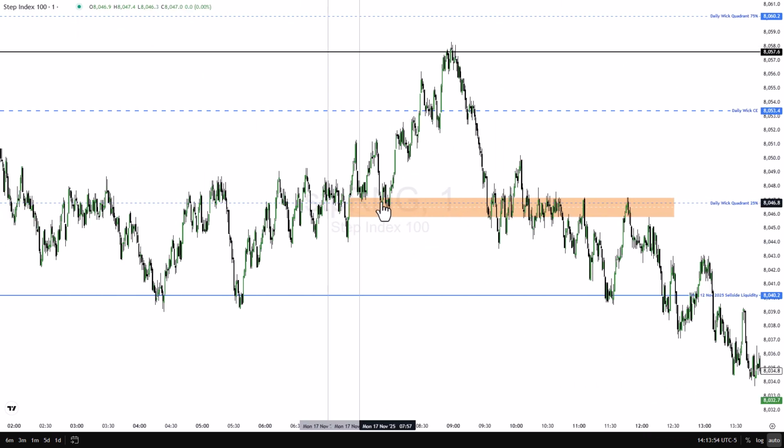So here is the opening range of today, the 17th of November. Our fair value gap being used as a support initially. We do not subscribe to a bullish bias. We have a bearish bias. Okay? So price action uses that as a support.